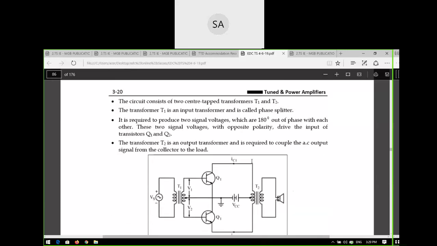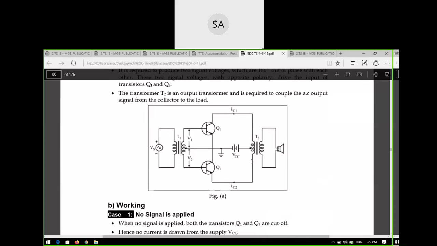How many transistors are present in the push pull power amplifier? Two transistors, Q1 and Q2. We use two center tapped transformers, and the load is a loudspeaker.